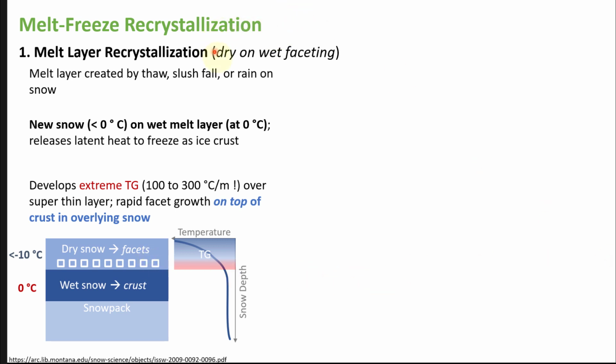And this is why this is called dry on wet faceting, because we had the dry layer on the wet snow layer, we had a freezing event because of latent heat transfer, and then we had this very large thermal gradient that's established in that top layer on top of the crust layer, which motivates rapid kinetic growth of these faceted forms.